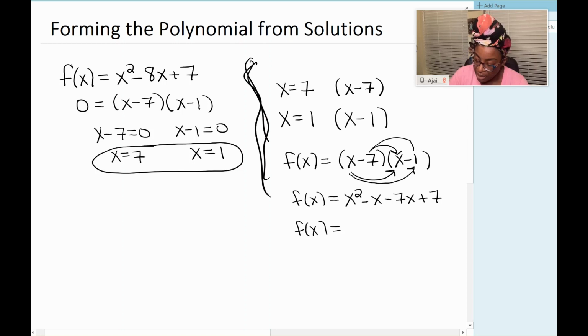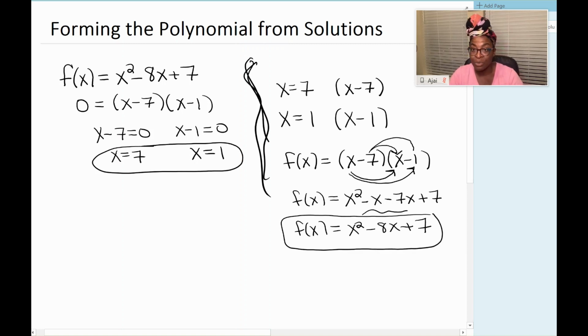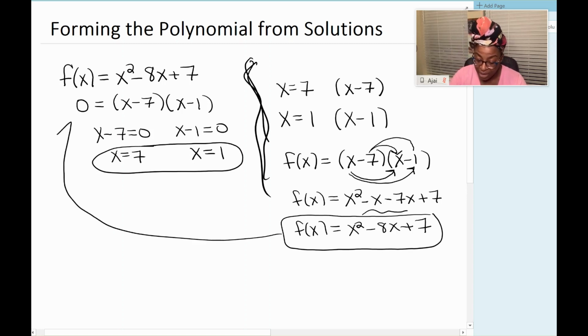Lastly, I'm going to combine my like terms in the middle, and I get x squared, -x minus 7x is -8x, and then plus 7. And look, this looks exactly like the polynomial that we started with on the other side.